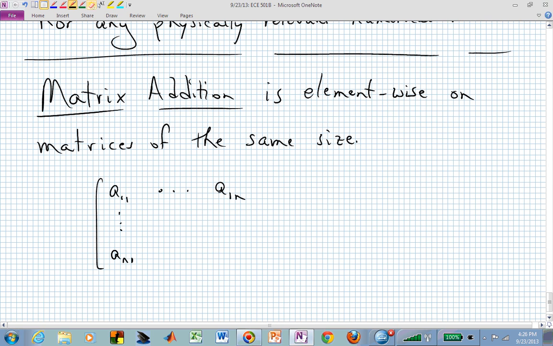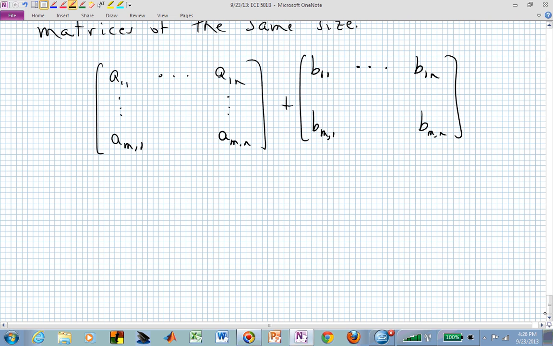Let's say that we have M rows and N columns. Then the only matrix addition that makes sense is if we have an A matrix and a B matrix that have the same dimensions. Here we have then a B11 up to a B1N in columns on the first row, BM1 and BMN in the second.